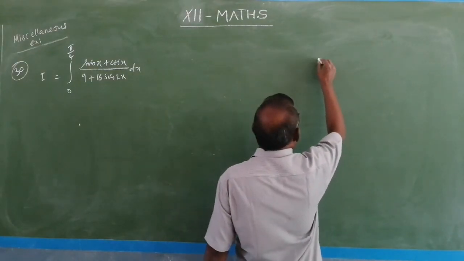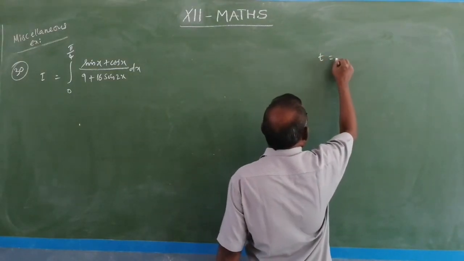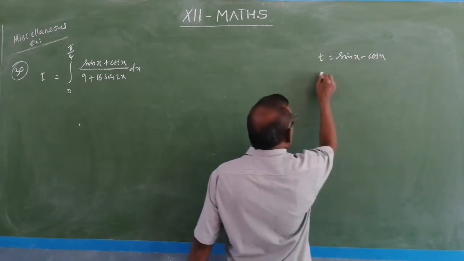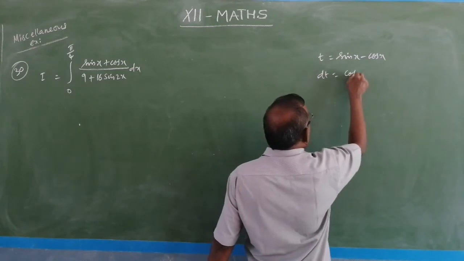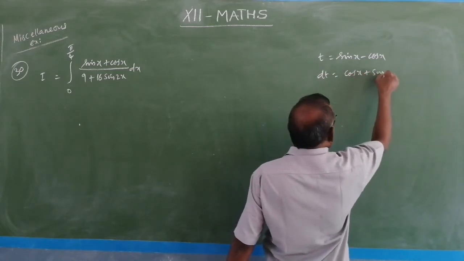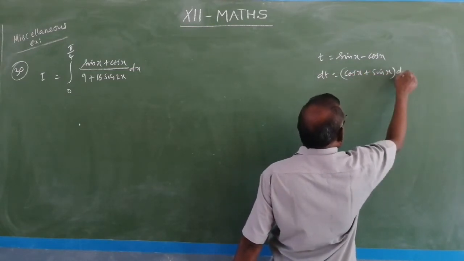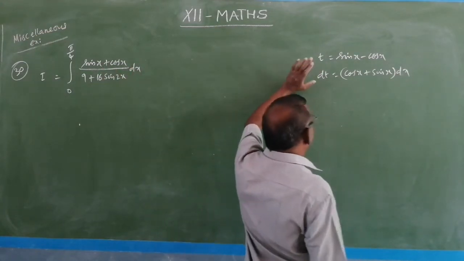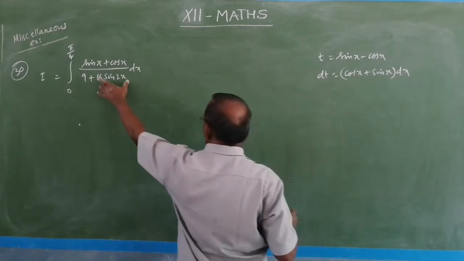So consider t equal to sin x minus cos x. So dt equal to cos x plus sin x into dx. So we got the numerator sin x plus cos x into dx for dt, and we have to change it.